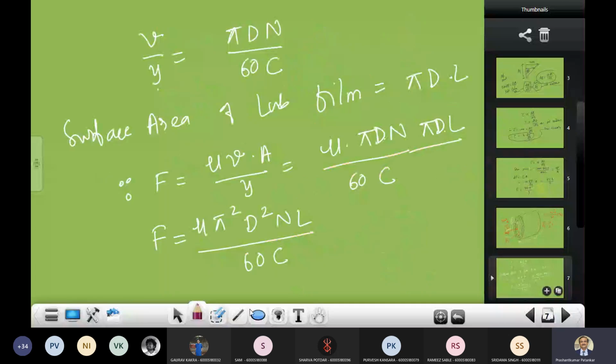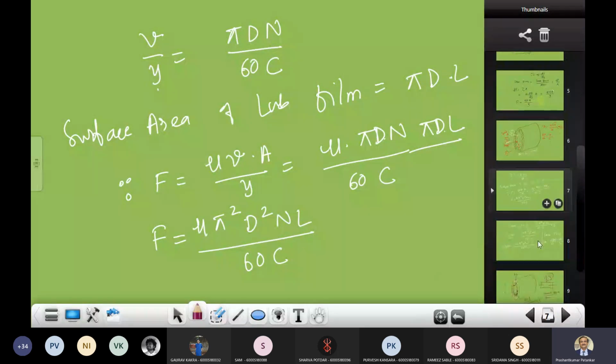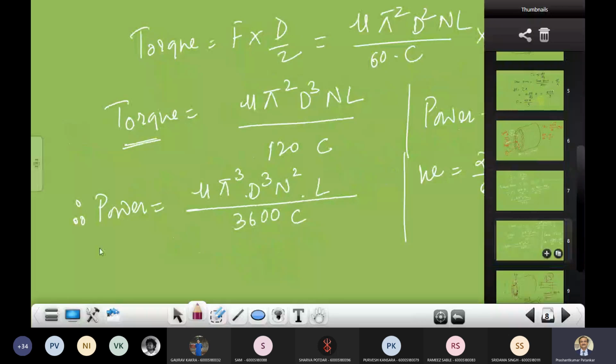This is your F value. And I think here we have calculated that term: mu into pi square d cube into L into N, whole thing divided by 120.